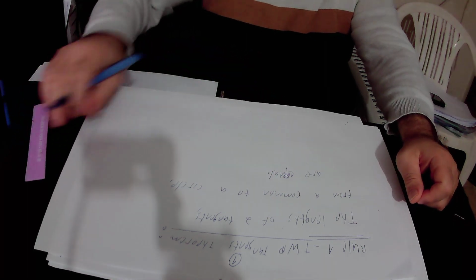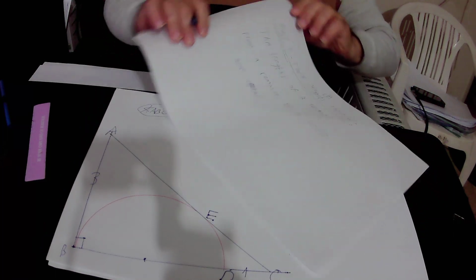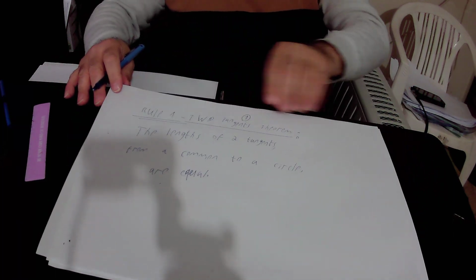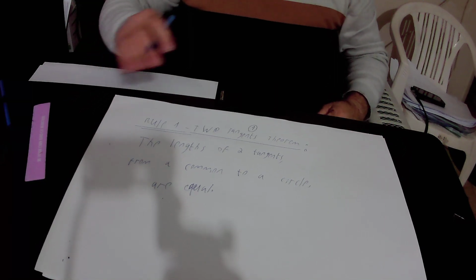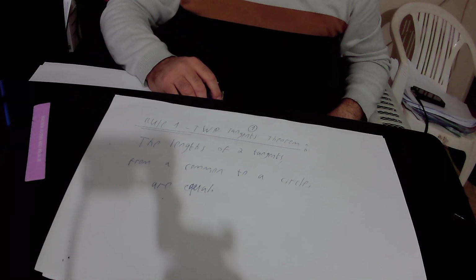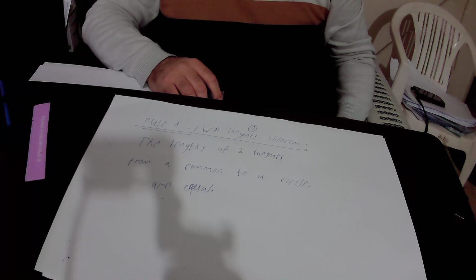So I will read rule number 1, or two tangents theorem, again. Two tangents theorem states that the lengths of two tangents from a common external point to a circle are equal.